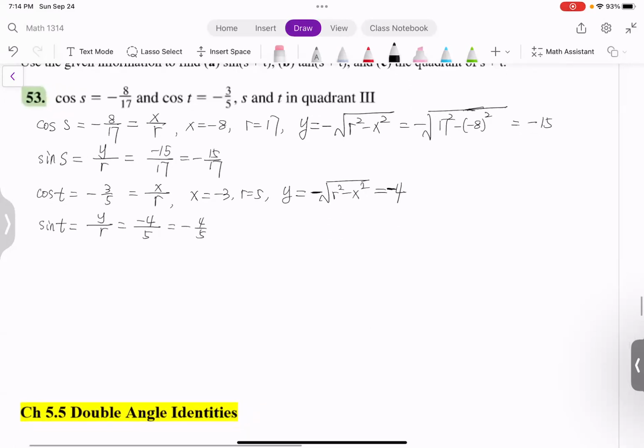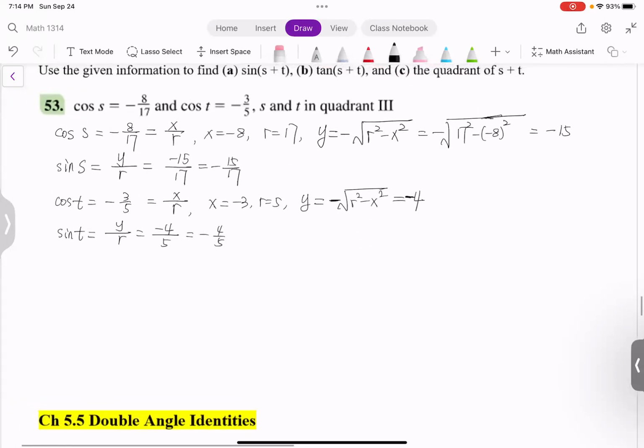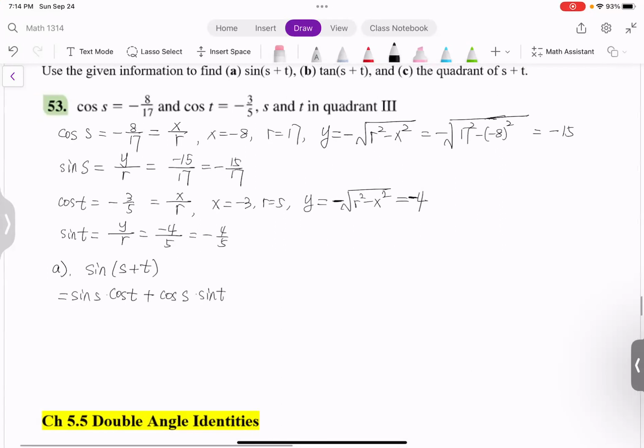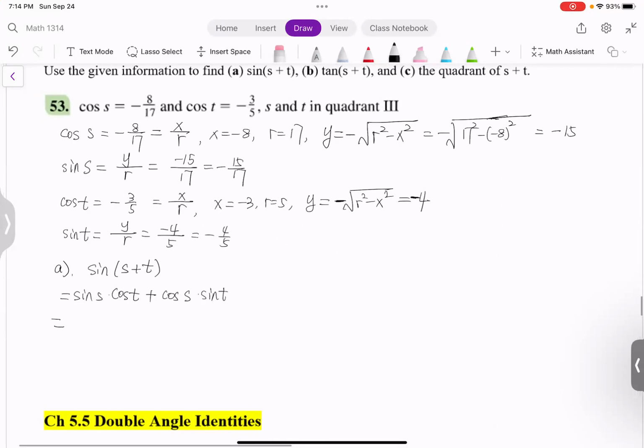All right. Let's see. What is number 8? We're looking for the sin of s plus t. So sin of s plus t equals sin s times cosine t, plus cosine s times sin t. What is sin s? Sin s is negative 15 over 17.